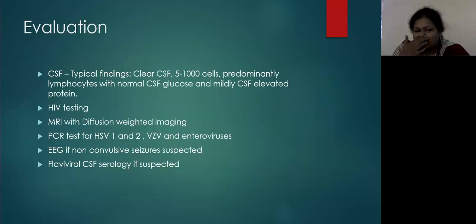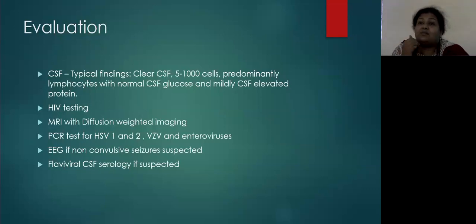So, will you get RBCs in a CSF with encephalitis? CSF RBCs. Anything about the RBCs in the CSF you must remember in a patient with encephalitis?